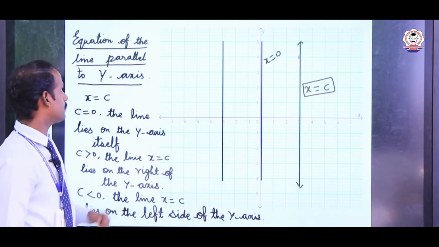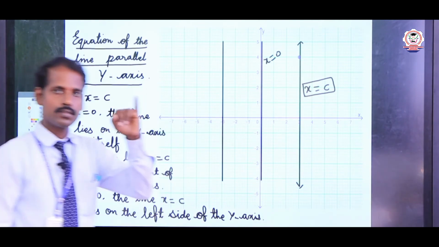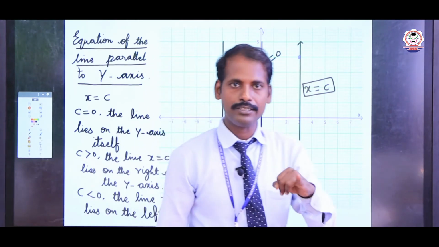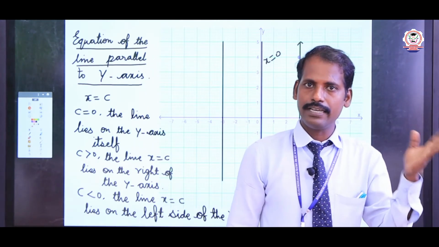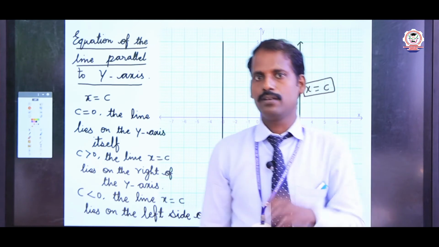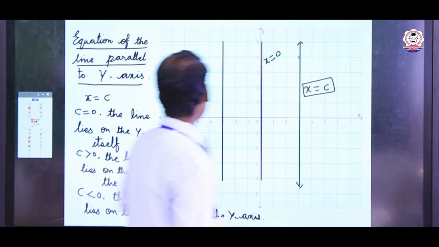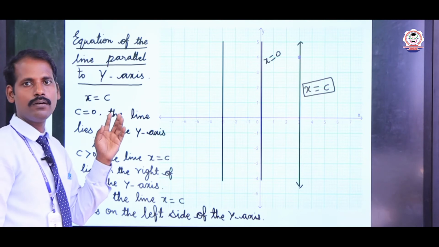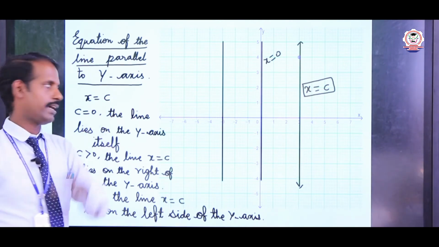This is the concept of the line parallel to the y axis. The first one is the equation of the line parallel to the x axis, another one is the equation of the line parallel to the y axis. This is the concept of the equations of lines parallel to the x axis and y axis.